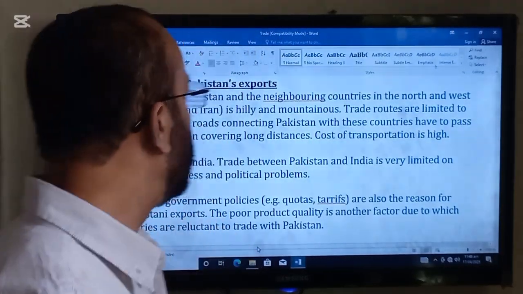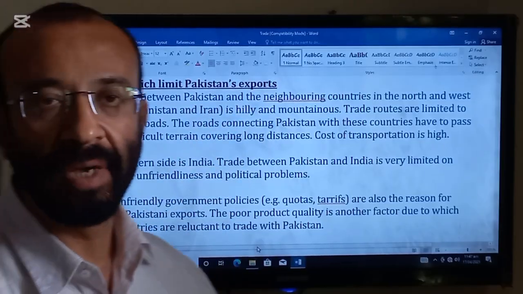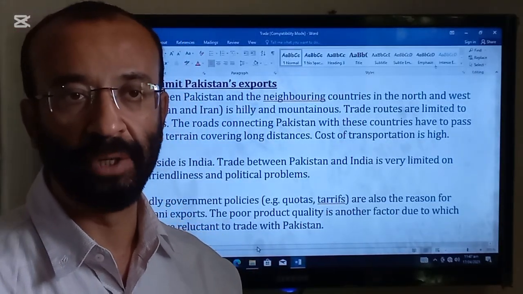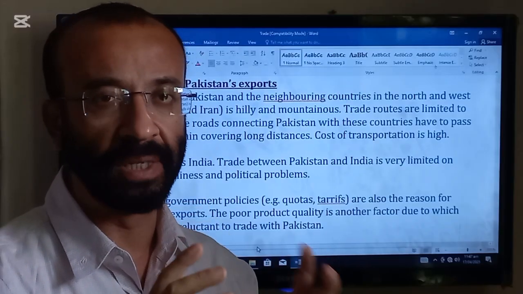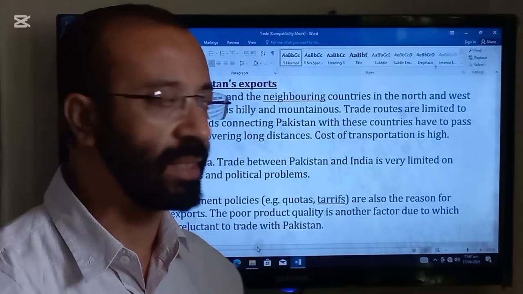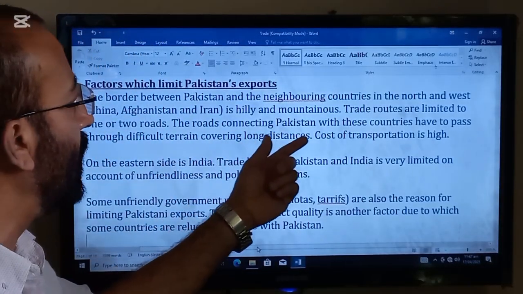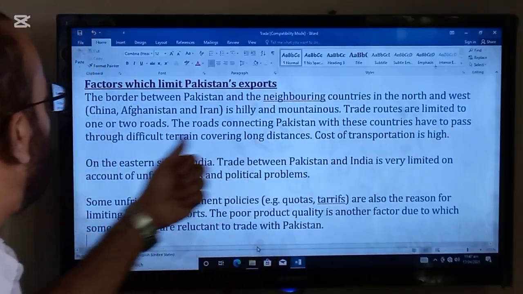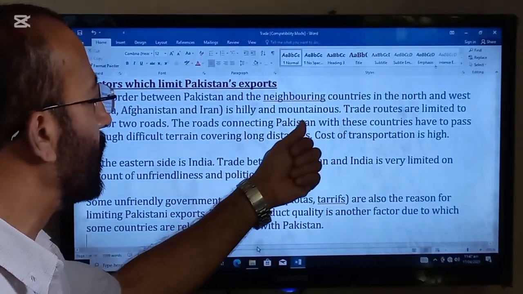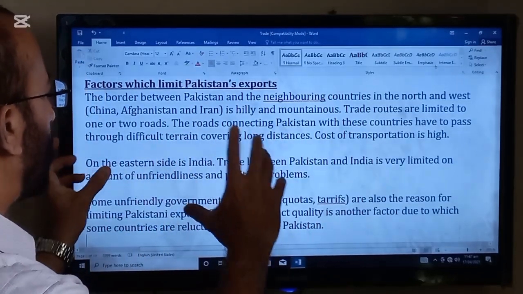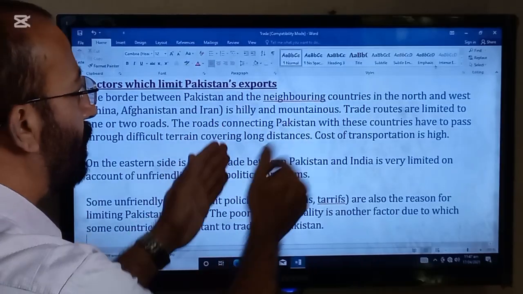The next point in the lecture is factors which limit Pakistan's exports. So now we will read different points which are actually a point of resistance in increasing Pakistan's exports. The first point is that the border between Pakistan and the neighboring countries in the north and west, that is China, Afghanistan and Iran, is hilly and mountainous.